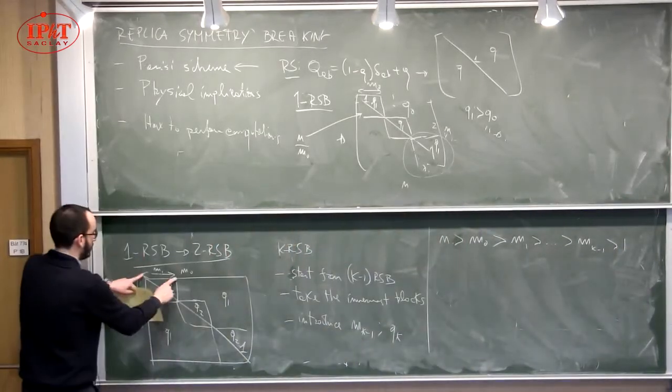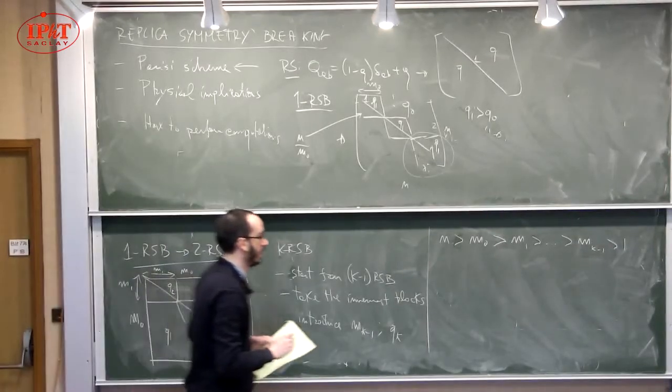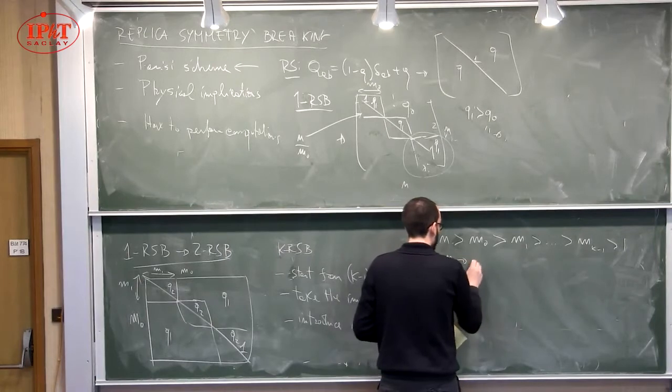Because this should be greater than 1. 1 is just a diagonal. And now we want to take the n to 0 limit.